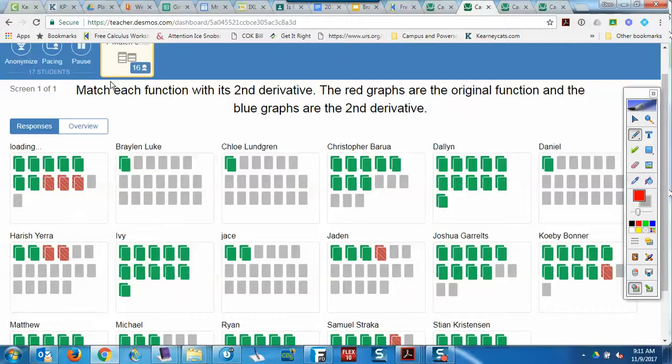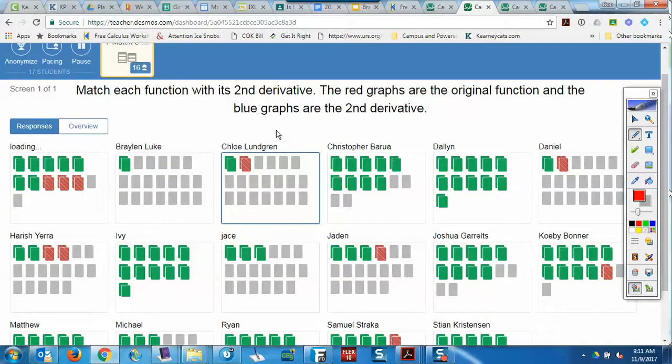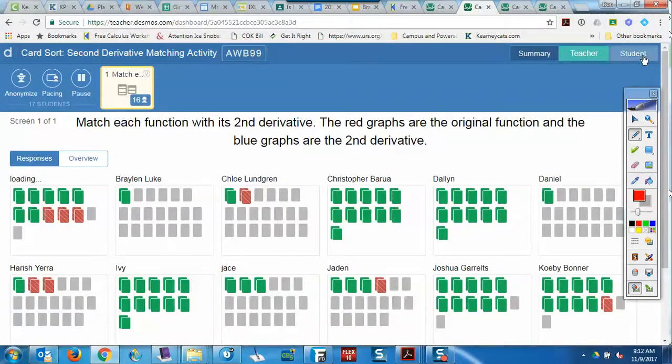I've got one here that says loading. That must be you. If it is, you have 3 bad pair. Harish, 2. Jaden, 1. Daniel, 1. Kobe, 1. Sam, 2. Chloe, 1. You have 2.